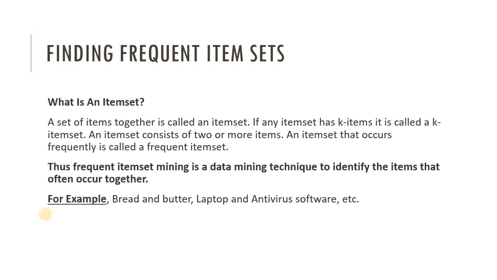An item set consists of 2 or more items, and an item set that occurs frequently is called a frequent item set. Suppose bread and butter are bought frequently, then that item set is called a frequent item set. Thus frequent item set mining is a data mining technique to identify the items that often occur together. For example, bread and butter, laptop and antivirus.